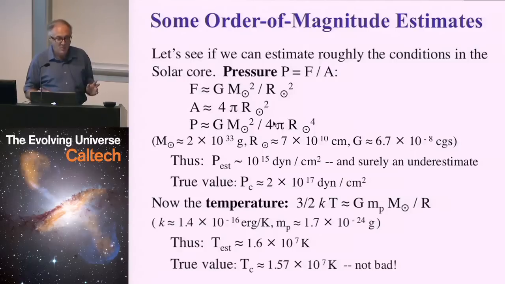We do better with temperature. We can say, let's equate thermal kinetic energy, 3/2 kT, because this is essentially protons, right? So that's why it's 3/2, not 5/2. That's equal to, say, the gravitational binding energy of a proton at the solar radius. And multiply those numbers, and we come up with something like 16 million degrees Kelvin.